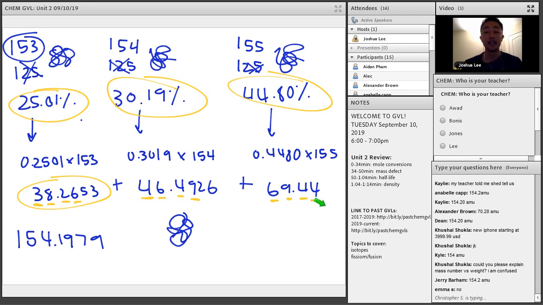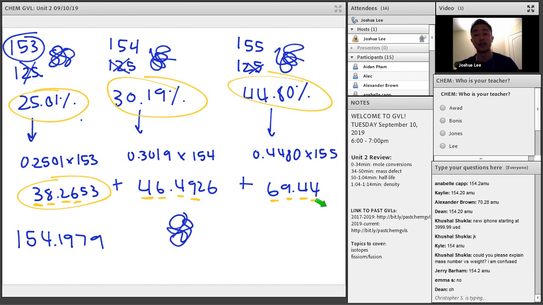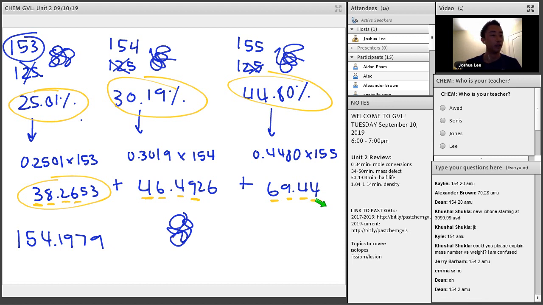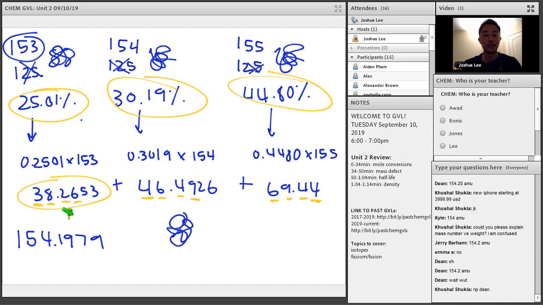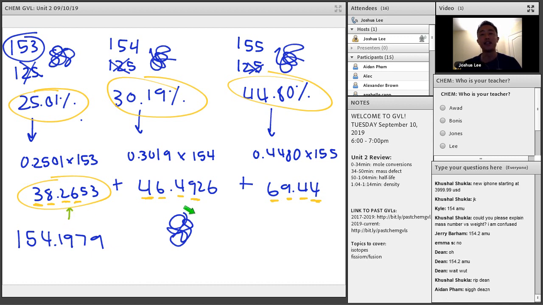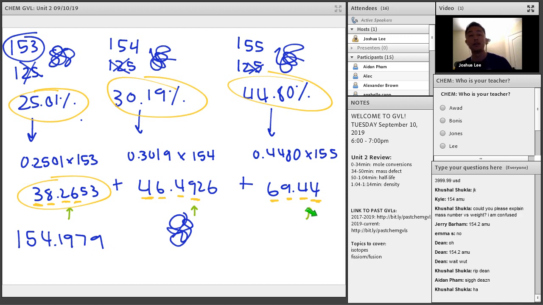Then when we add them, remember, we have a different set of rules for adding and subtracting. Ooh, Dean, you shouldn't have changed your answer. Because now that we're adding, this one is 2 past the decimal, this one is 2 past the decimal, and this one's also 2 past the decimal. So my answer actually has to be 2 past the decimal. I have to check to see if I have to round.